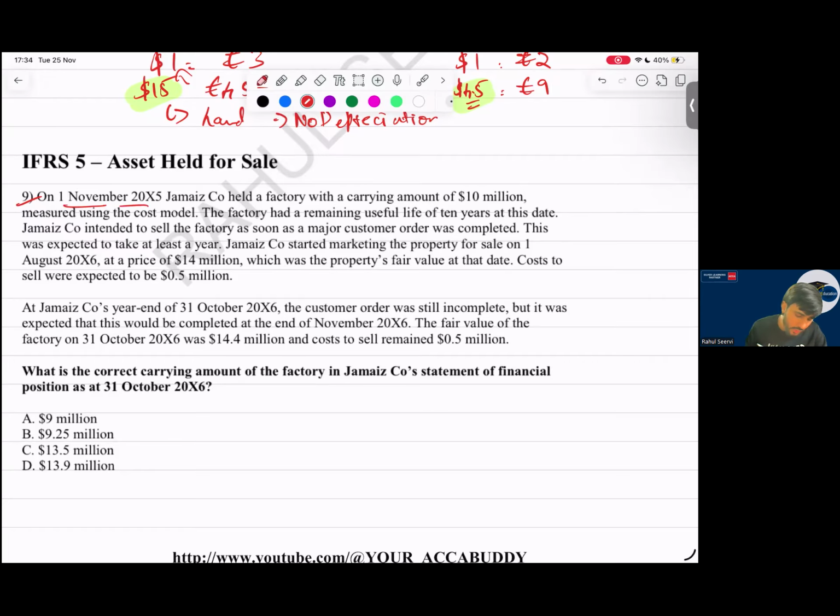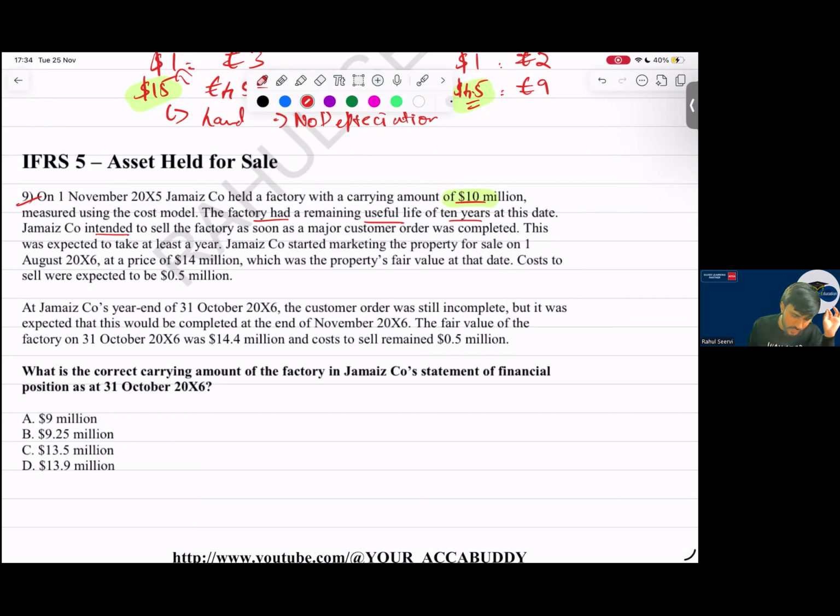On 1st November 2000 XYZ held a property with a carrying amount of 10 million. What is the carrying amount of the property on 1st November? 10 million, measured using the cost model. No issues in that. The factory had a remaining useful life of 10 years, so it can help us for depreciation calculation.